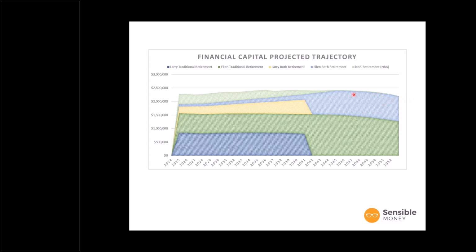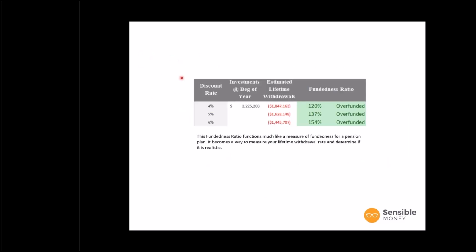Now, while this gives us a general trajectory here, we like to use something called a fundedness ratio. If you've ever worked for anywhere that had a pension plan, I know they're not as common anymore, they will send out an annual statement telling you the fundedness of the plan. This is a very similar calculation where we're taking the present value of all of the withdrawals from the account.